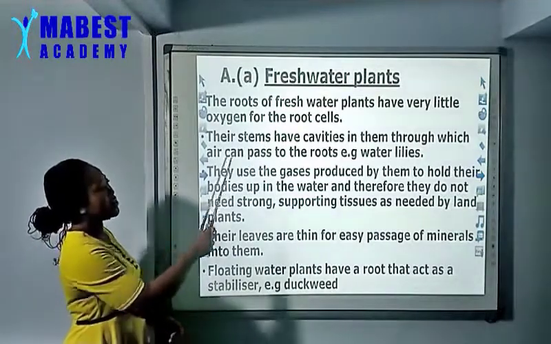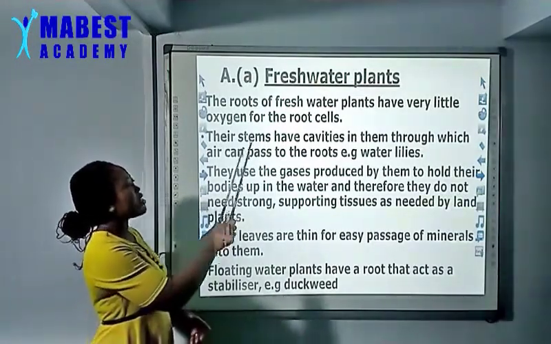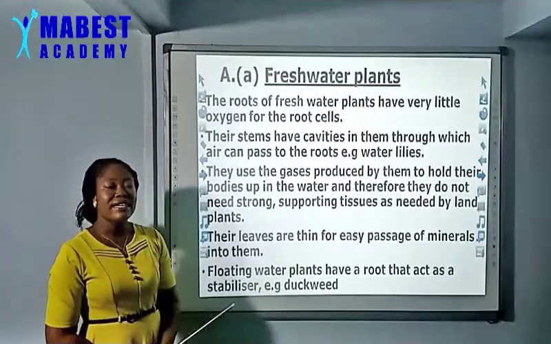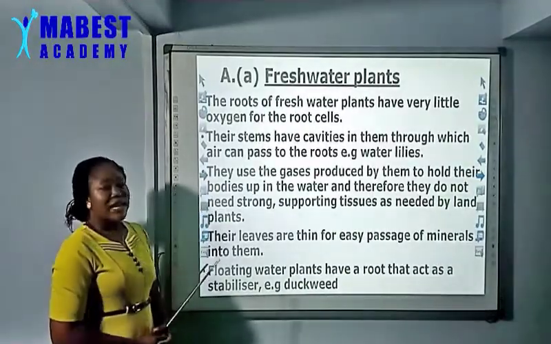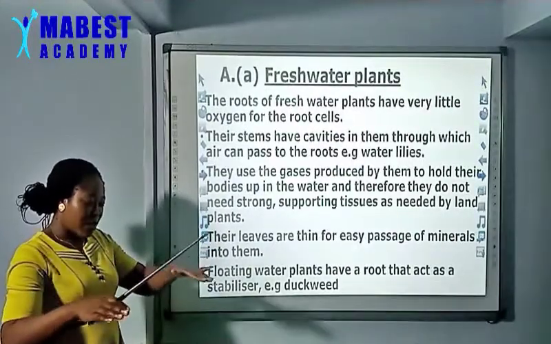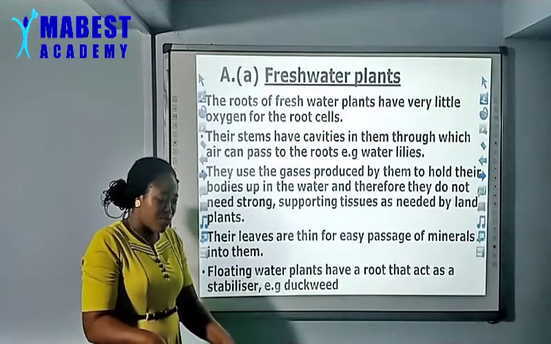They also have stems that have cavities in them, through which air can pass to the roots. We have examples in water lilies. They also use gases produced by them to hold their bodies up in the water, so that they will not get drowned inside the water.